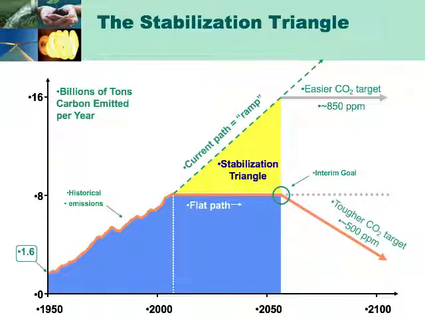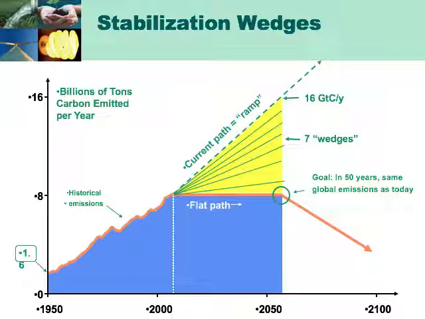Moving forward in the next 50 years, we need to have a flat path in which we stop adding so much carbon emissions to our atmosphere, and then after that, implement technologies that can help us ultimately start to decrease our carbon emissions. So these wedges are these different techniques that can be used to try to alleviate this current path that is going up and up and up like a ramp.